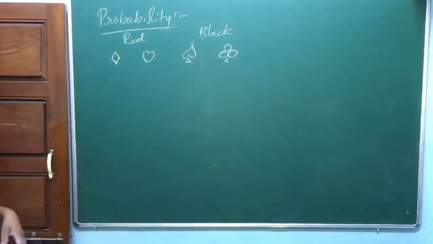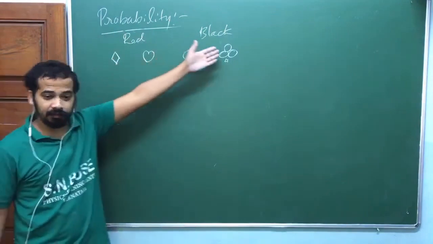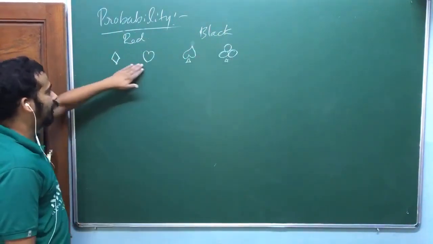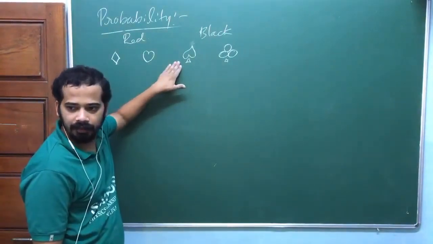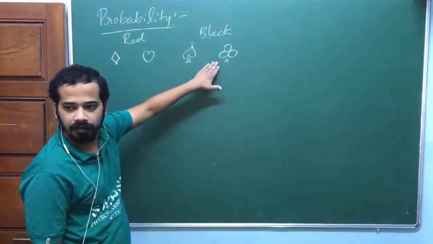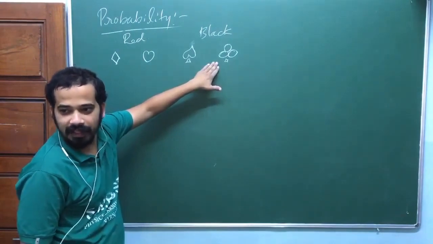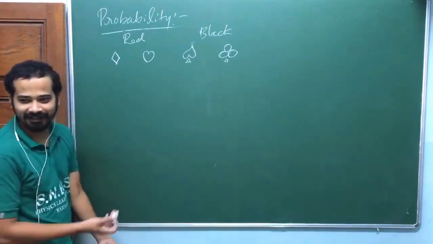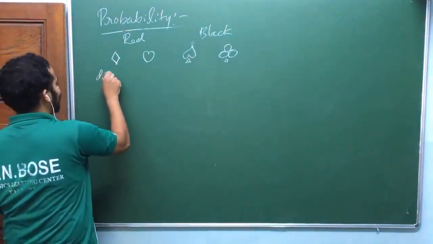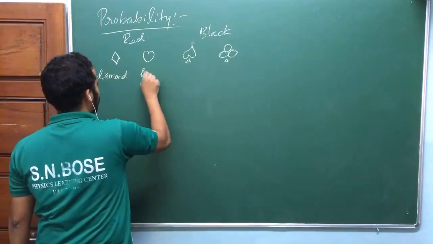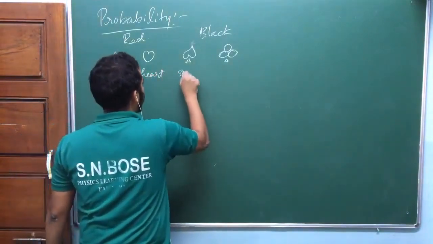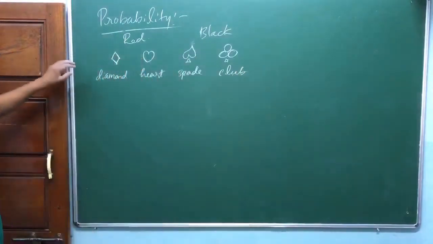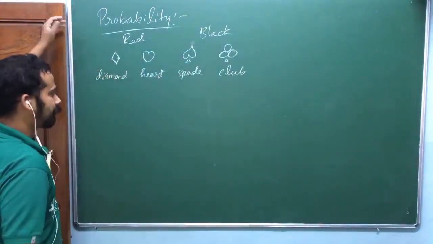Am I right? Because they sometimes talk about black and red also. So diamond, heart, spade, club. It is called club actually; we call it something else in our regional language. I too don't exactly remember, you just look into it.